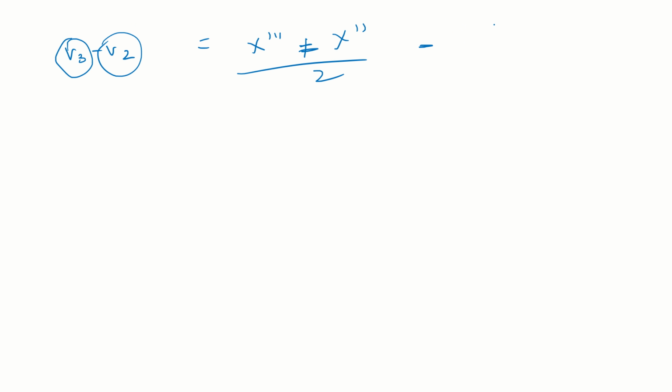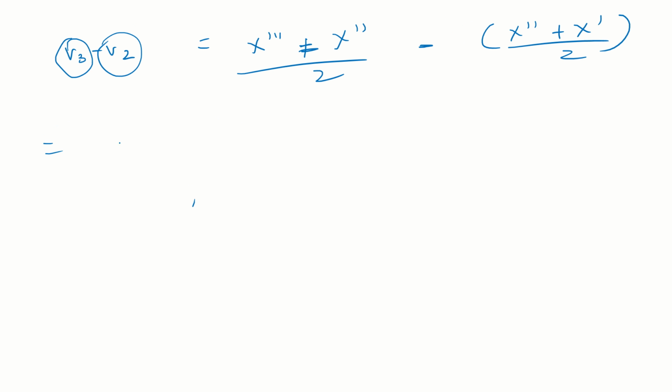So we know V3 minus V2 will be, first V3, which is (x triple dash plus x double dash) upon 2 because obviously acceleration is constant, and V2 is, let's take minus common, so (x double dash plus x dash) whole by 2.